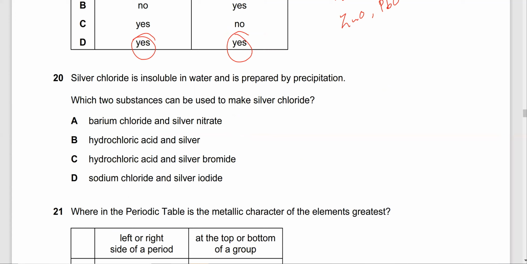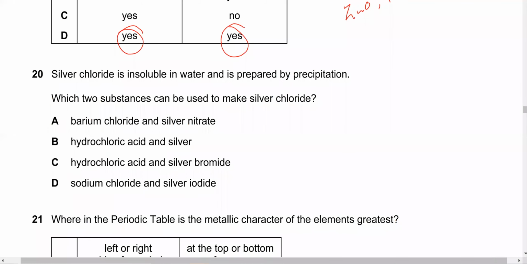Silver chloride is insoluble in water and is prepared by precipitation. तो इसमें ये कि how do you, this is ionic precipitation, preparation of salts. Insoluble salt जब भी बनानी होती थी, like AgCl is an insoluble salt.